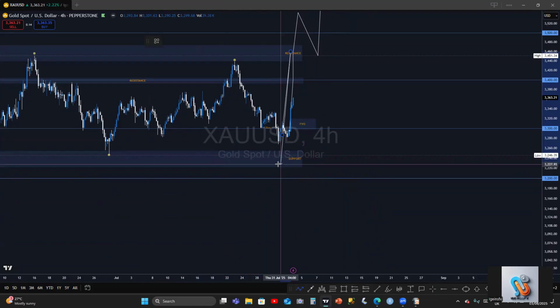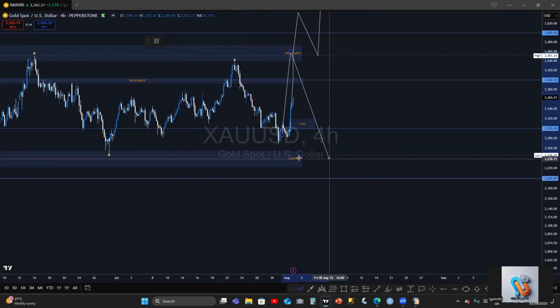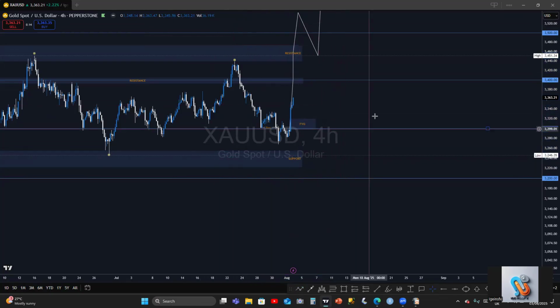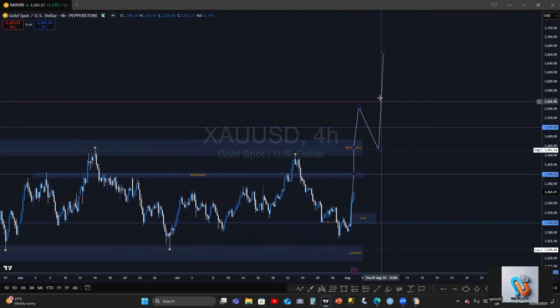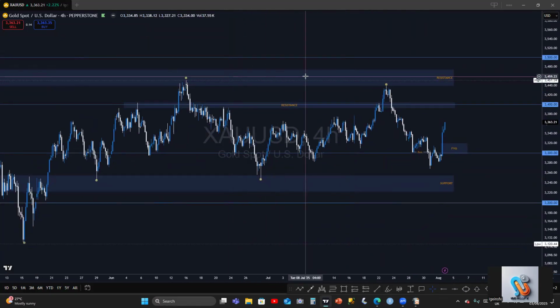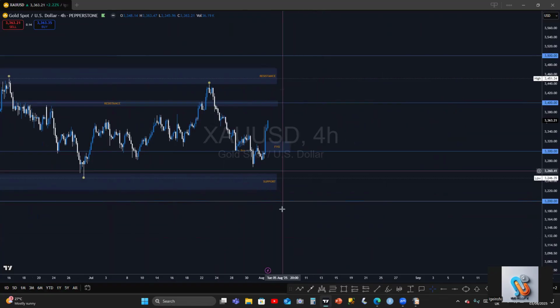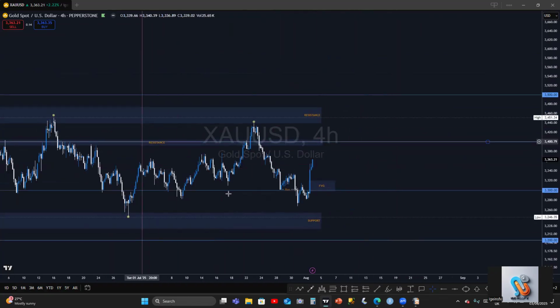We should just understand the range which we are trading from. Now, it's just between this point and this point. That is a range. Until we see a breakout of this range, there will be no significant move.